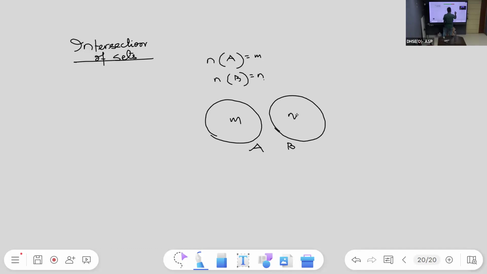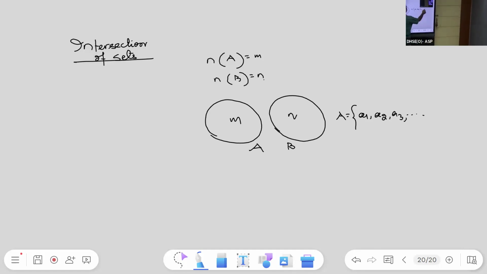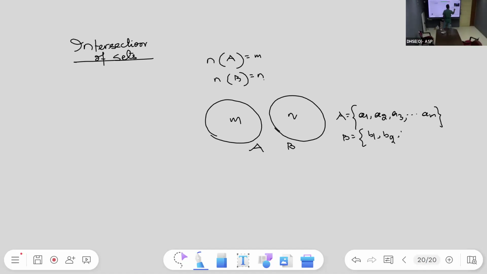Suppose set A contains the elements A1, A2, A3 up to Am, M number of elements. And set B contains N number of elements, suppose B1, B2, B3 up to Bn.